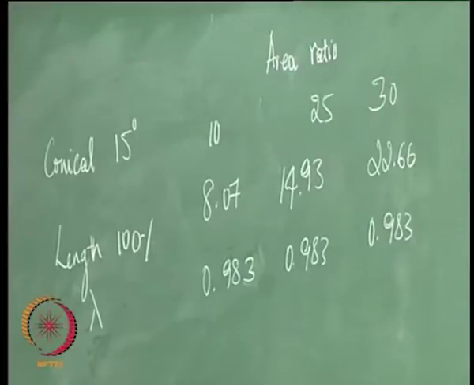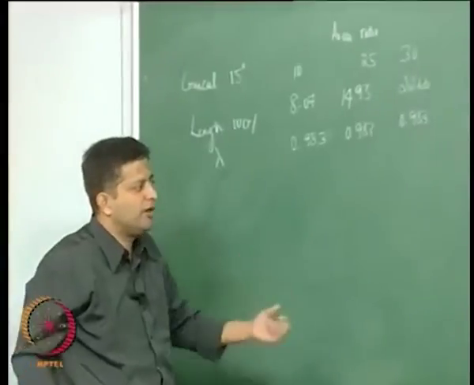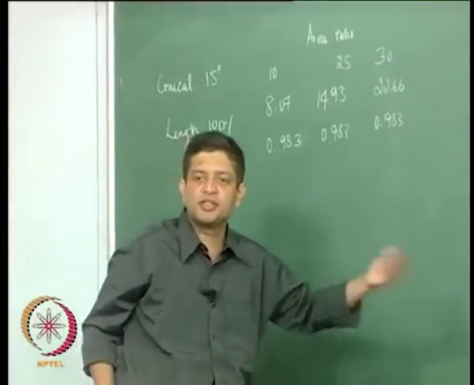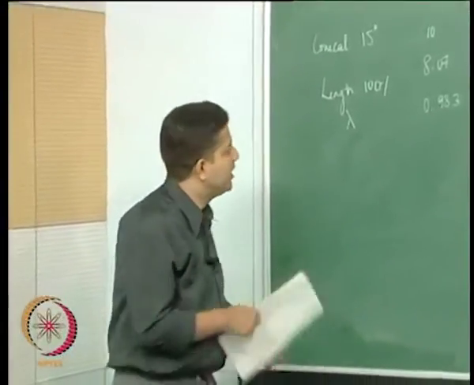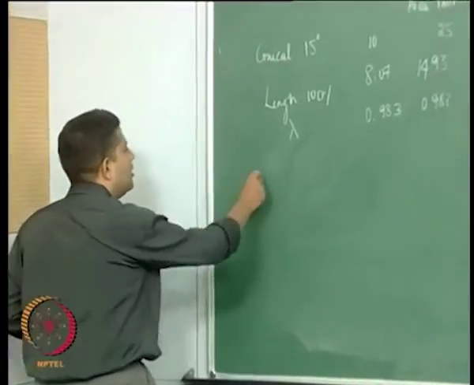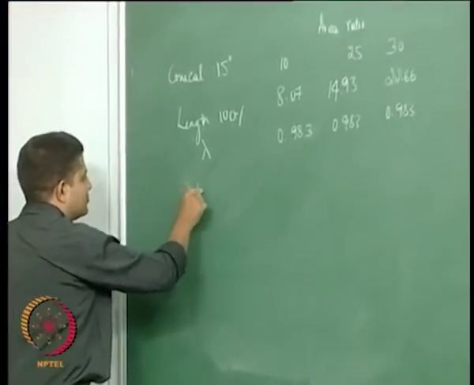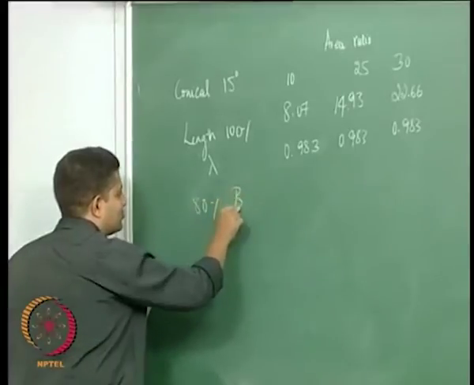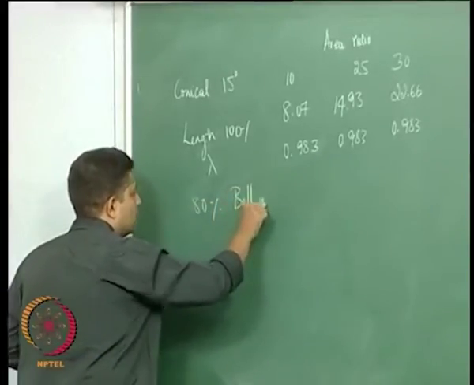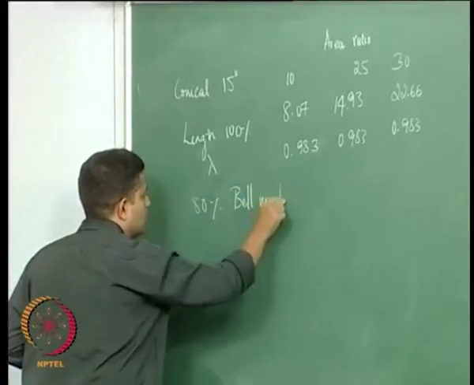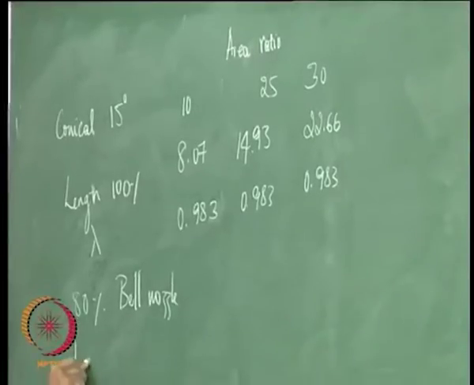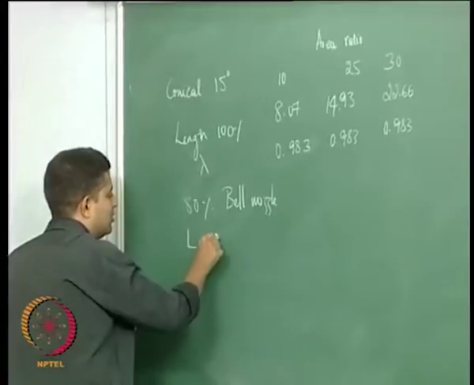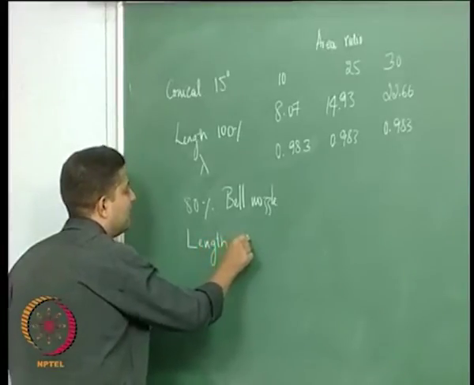Now, if we take, well, nozzles are usually denoted as 80% or 60% of the conical nozzle. Okay. So, if you take an 80% bell nozzle, then the length would be 80% of the length of the other nozzle.